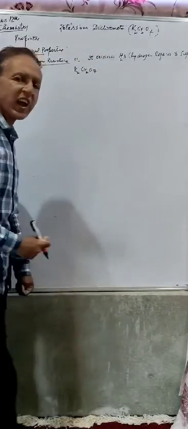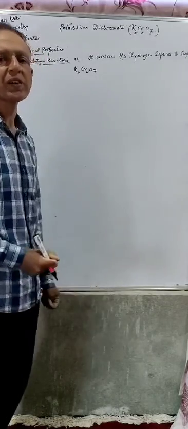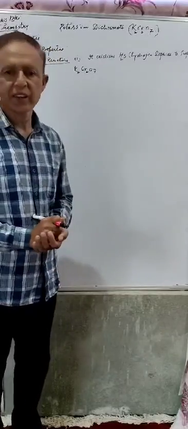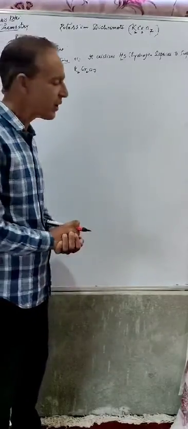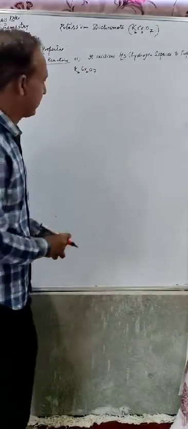So we will take these reactions in 2 steps. In the first step, this potassium dichromate upon acidification liberates nascent oxygen, and it is this nascent oxygen which reacts with this hydrogen sulfide and converts it into sulfur.